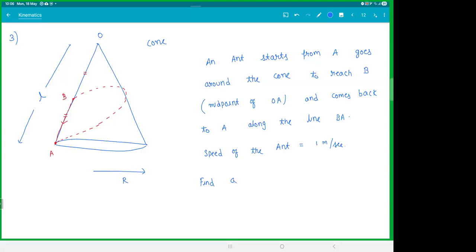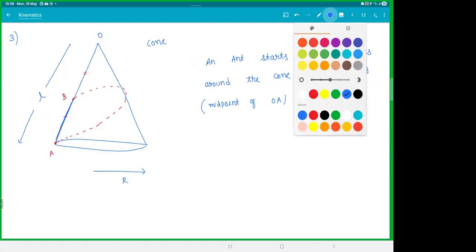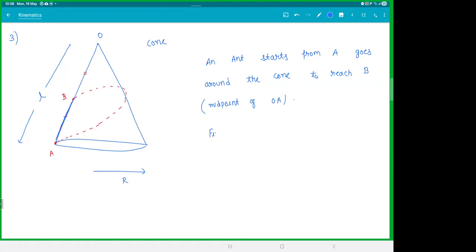Find the minimum time for the ant to come back to A. Or let me keep it simple. Find the minimum distance.